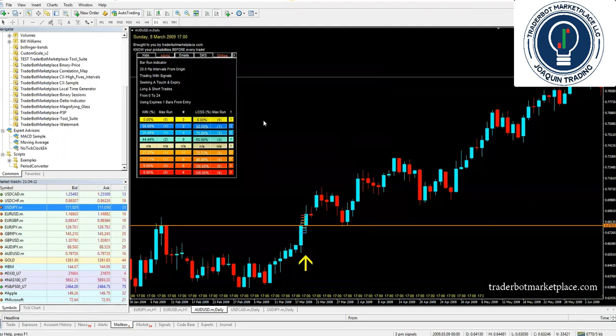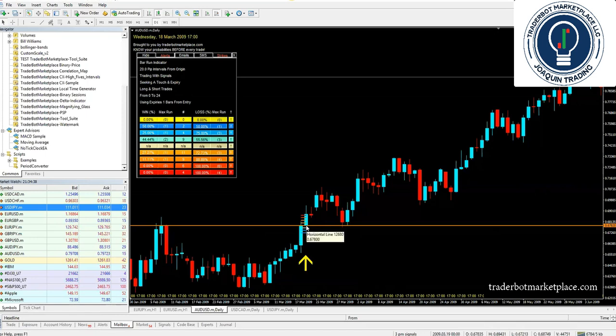It will show you how often price will pull back to an area and then expire up above the middle break-even area. I'm not going to go into it, but basically it will show you whenever price makes a pullback how often it will turn right around and go back up to the area, the original signal area that the signal came out at.